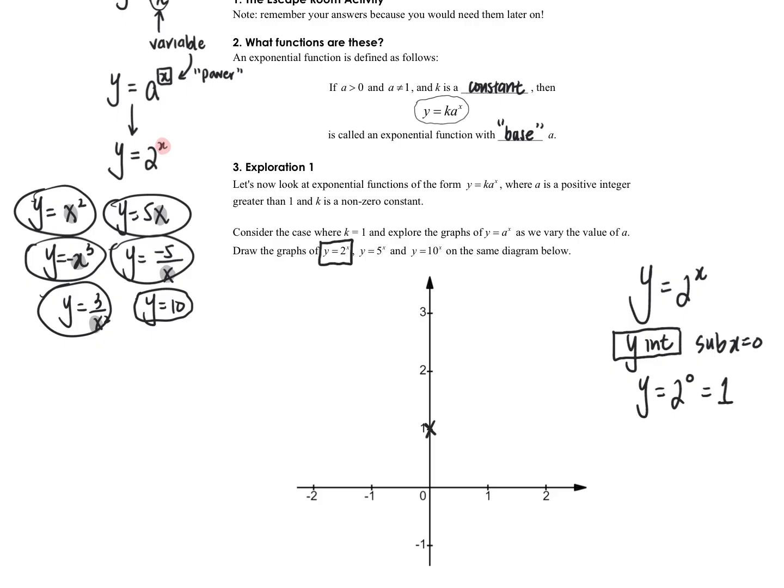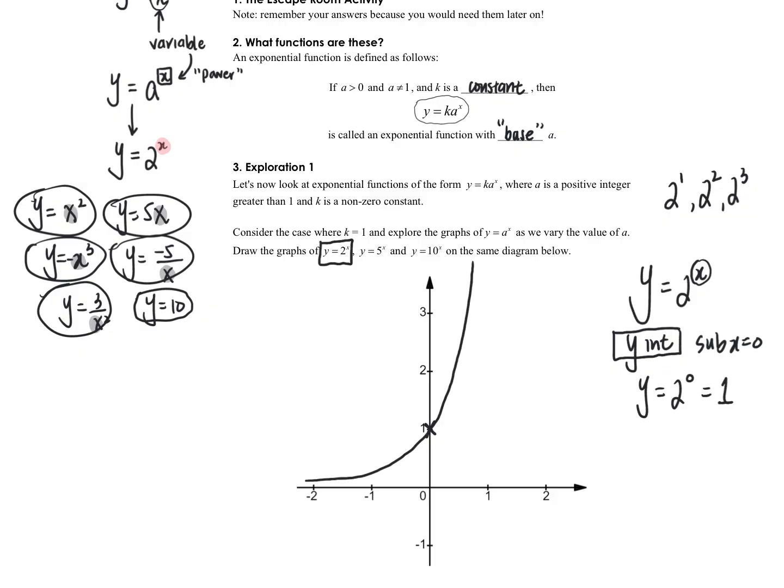And then every other value you sub in, 2 to the power of 1, 2 to the power of 2, 2 to the power of 3, it gets bigger and bigger very quickly. So when you say something grows exponentially, it increases at a very fast pace. So it shoots up in this way, and then it slows down.